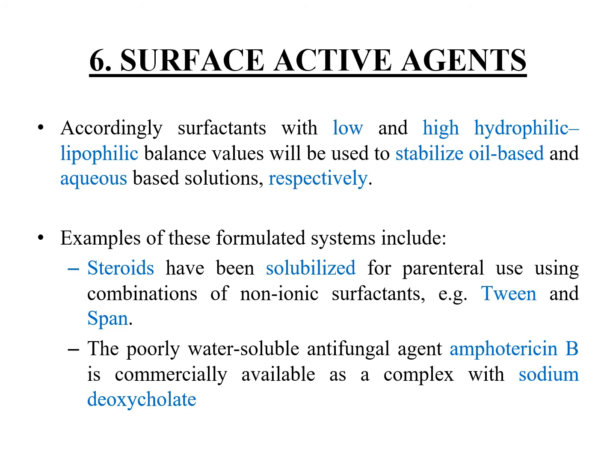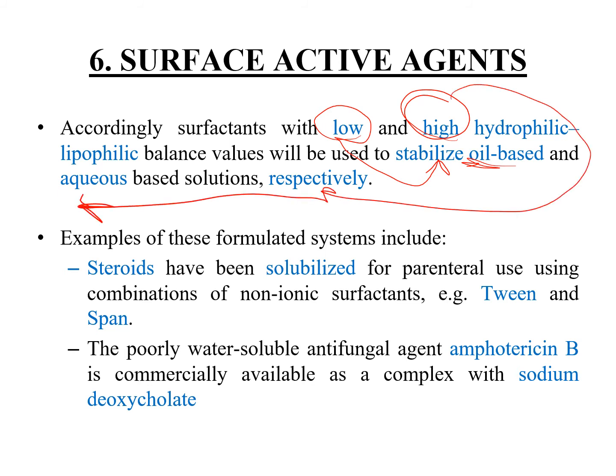If the surfactant has low HLB, it means it is lipophilic and it can stabilize an oily solution or solubilize drugs in oil. If the surfactant has high HLB, a value above 10, 15, 20 or sometimes more, it means it is hydrophilic or polar and it can solubilize drugs in aqueous solution or in water.